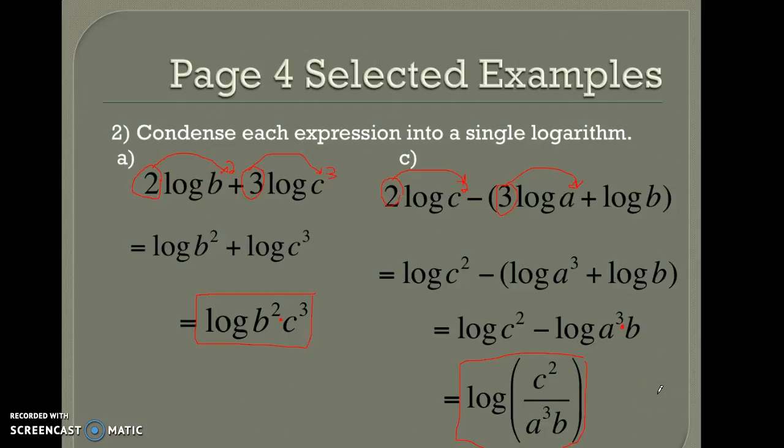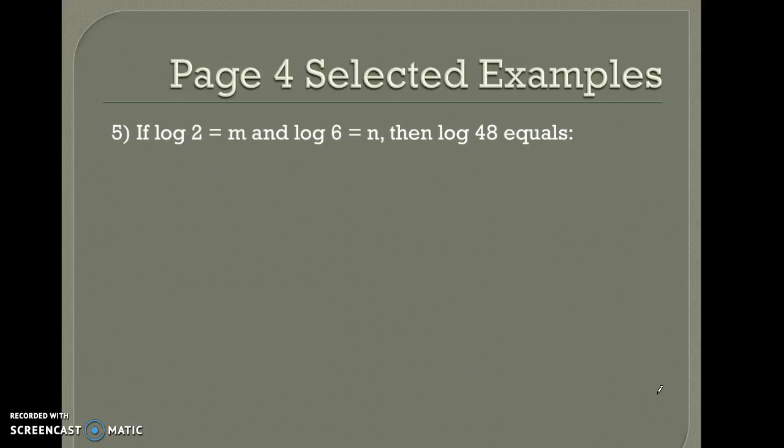The last problems we'll look at are the multiple choice questions. I have a few hints for you to get started on those. Skip down to number 5. Number 5 says if log of 2 is equal to m and log of 6 is equal to n, then log of 48 equals what? Well, to do this, you want to try to break 48 down into its prime factors. So we know 48 is equal to 8 times 6.